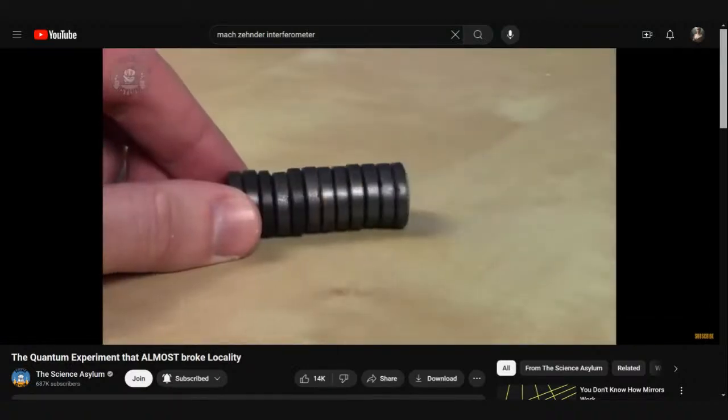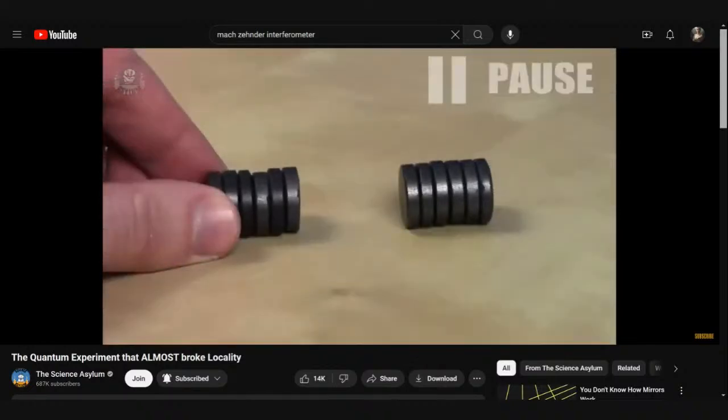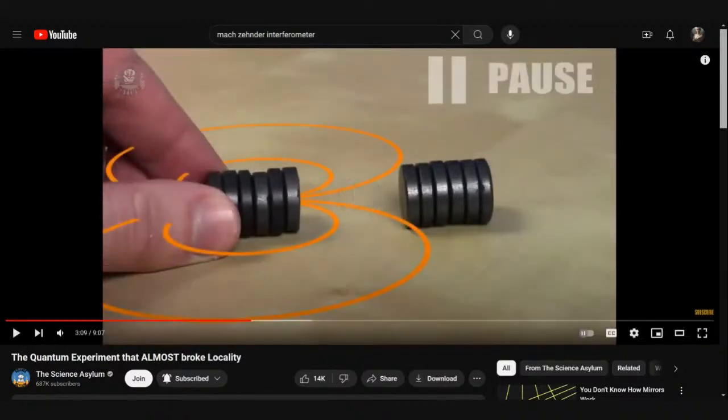Magnets don't affect each other over a distance either. One magnet creates a magnetic field. Oh my God. The magnet creates a magnetic field. So before it created the magnetic field, there was nothing there. There was empty space.